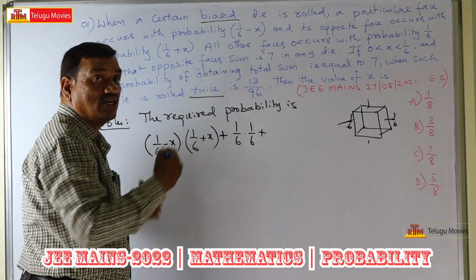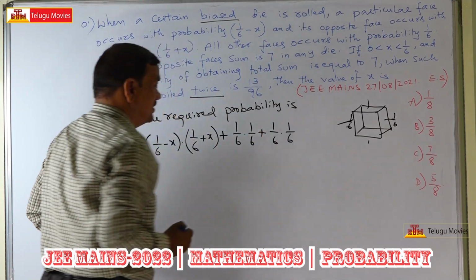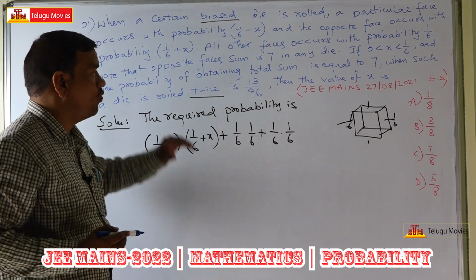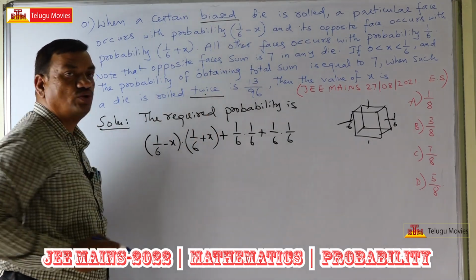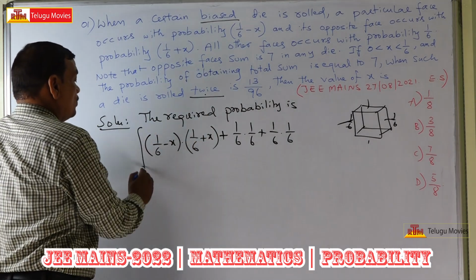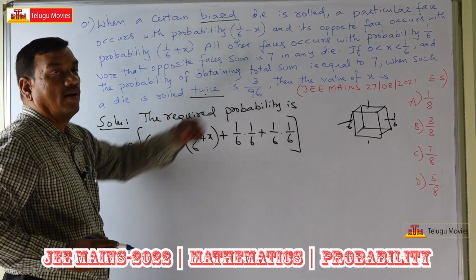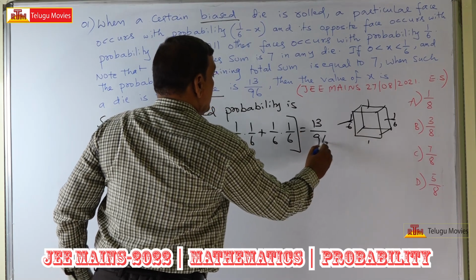And the third set of opposite faces is 1 by 6 times 1 by 6. This is for one roll. But he is saying that it is rolled 2 times. That is given by the value equal to 13 by 96.